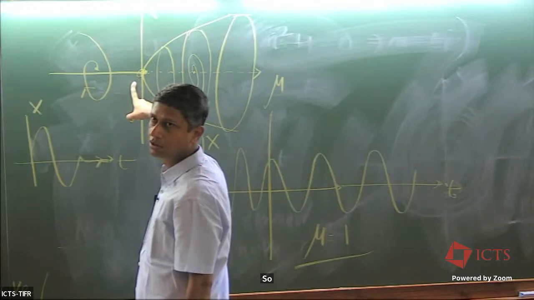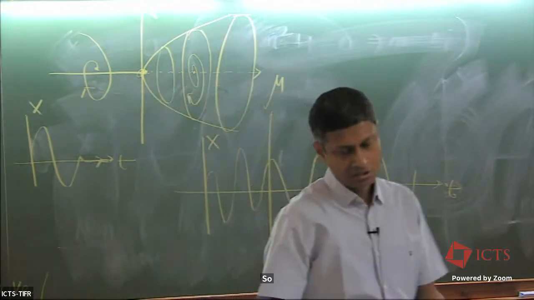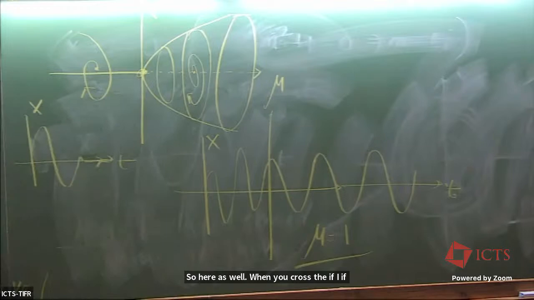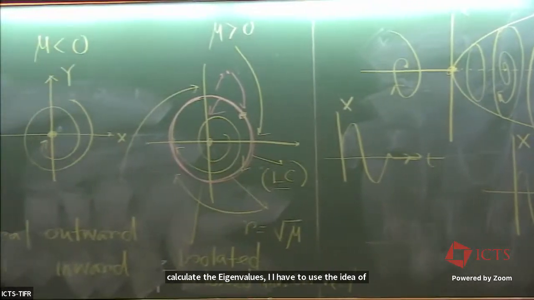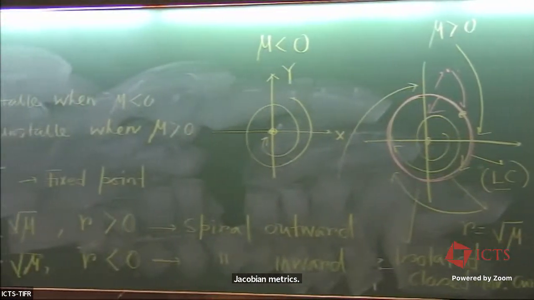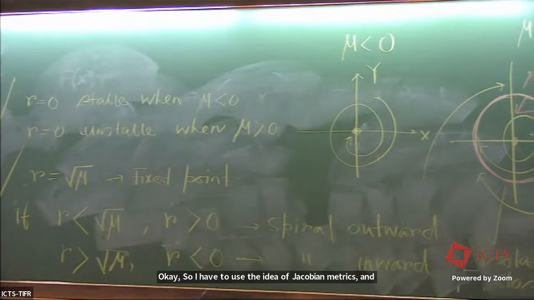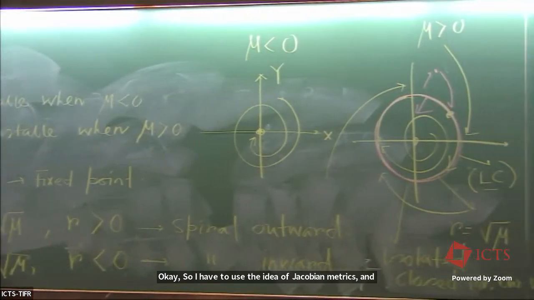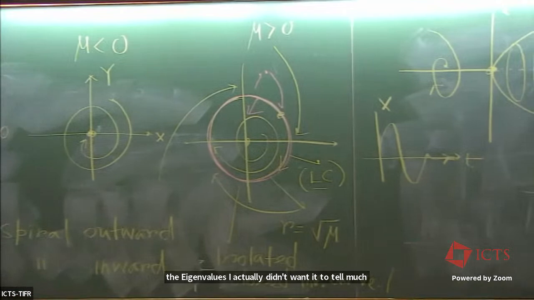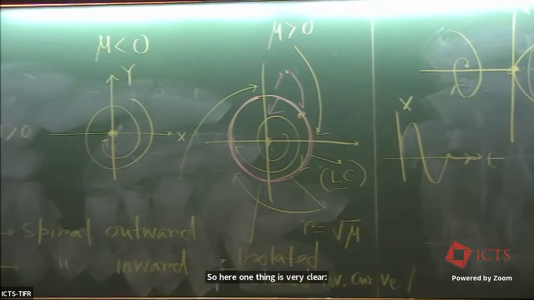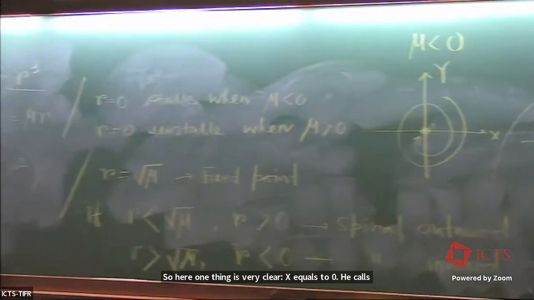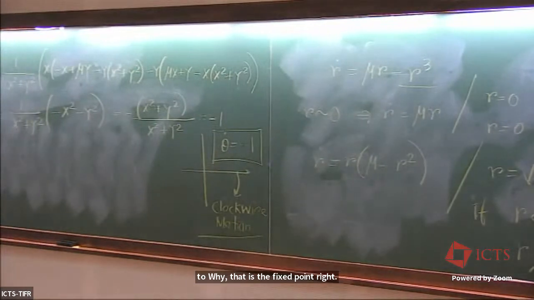So here as well, when you cross the threshold, if I want to calculate the eigenvalues, I have to use the idea of the Jacobian matrix. I actually didn't want to tell much about it, but still. So here one thing is very clear: x equals 0 equals y, that is the fixed point, right? If you solve it, you're only going to get x equals 0 equals y.